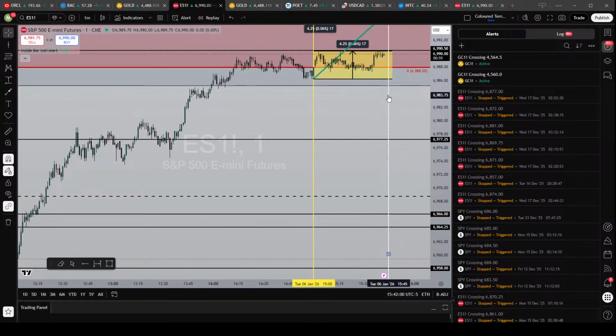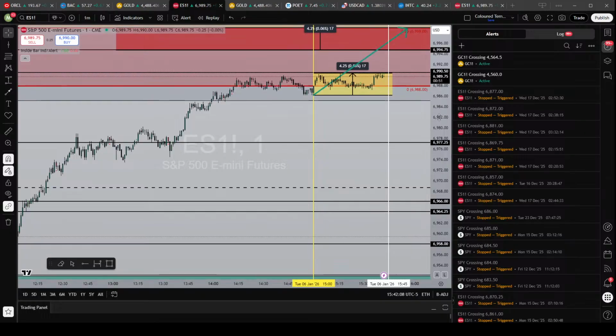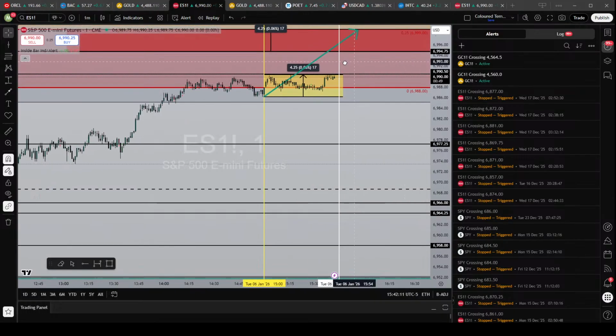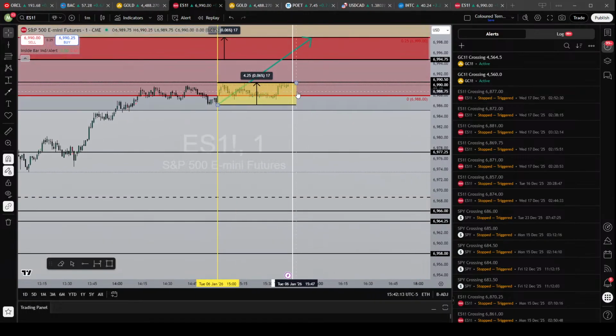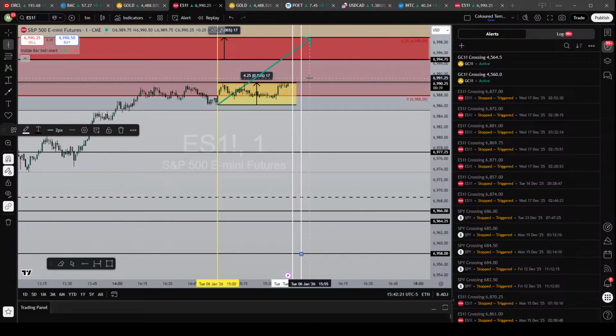Let's see here, into the close. So my thoughts are if they can clear this 90.5 by that 345 window, then we do have pretty decent odds. Obviously, we'd have to clear that 6994.75. Technically, even if we don't clear it by 350, it's fine, but it would be better if they did by like 350.